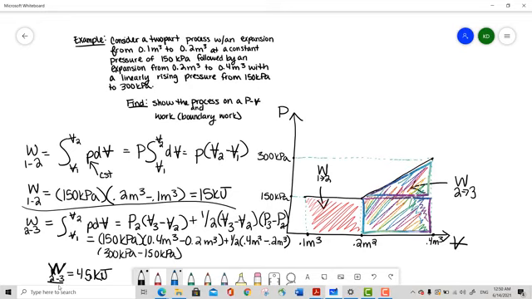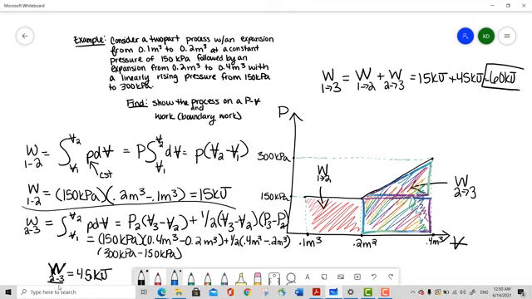So what we want to know is what the work is, the boundary work. And so we need the work 1 to 3. And so then that is just really easy, adding them together. 15 kilojoules plus 45 kilojoules equals 60 kilojoules. That is your final answer. Woohoo!